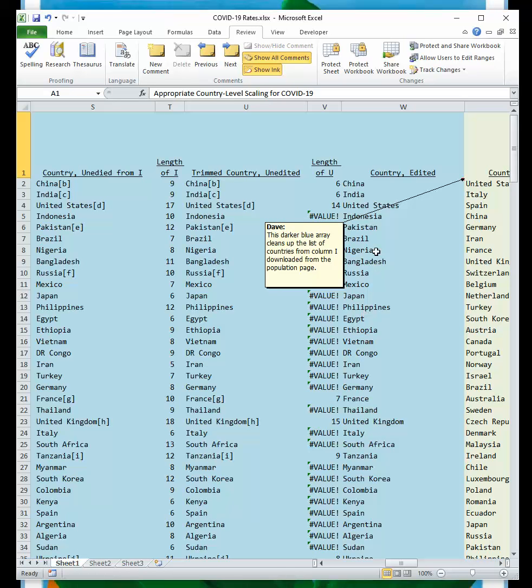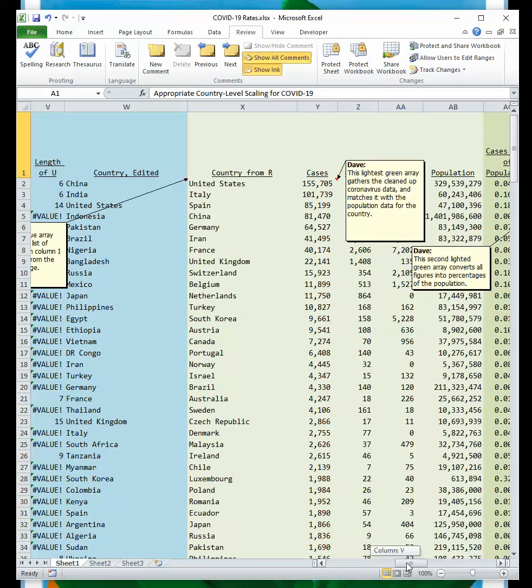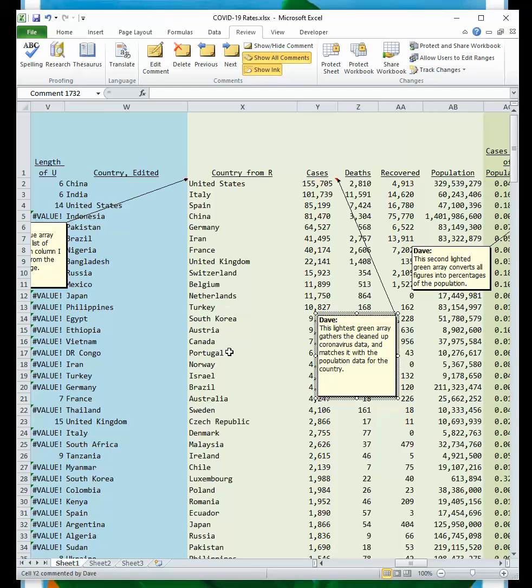And then I reconciled those two lists over here in green to get a list of countries in order as they're listed in terms of number of cases here. But then I also got them matched up with their populations over here.